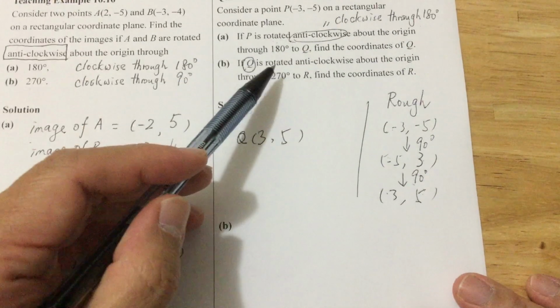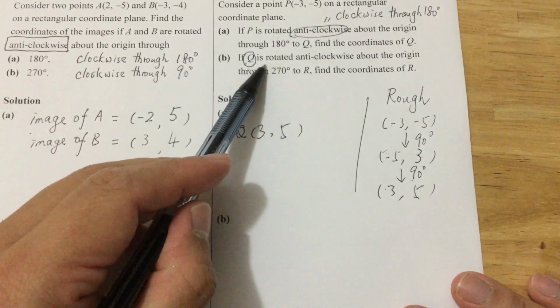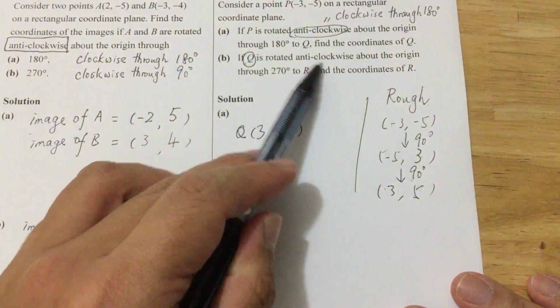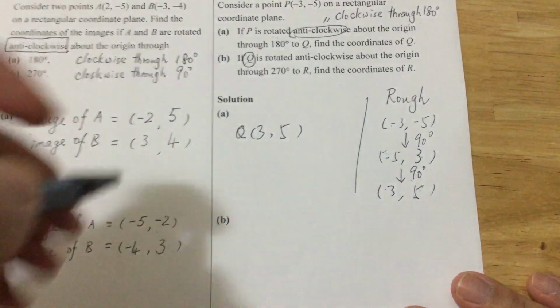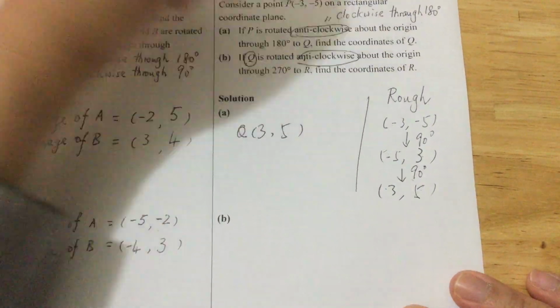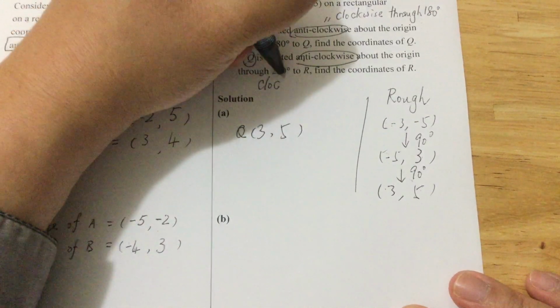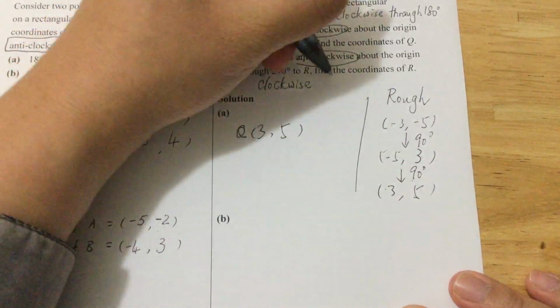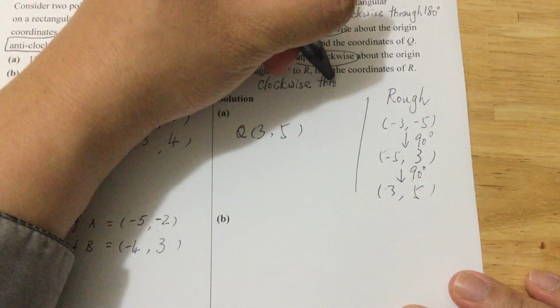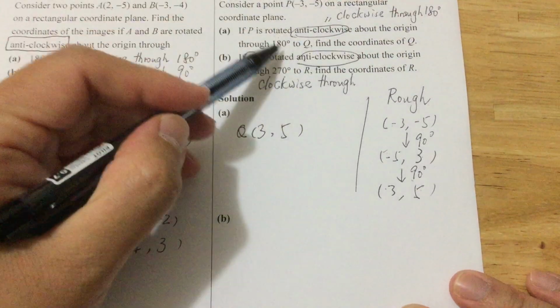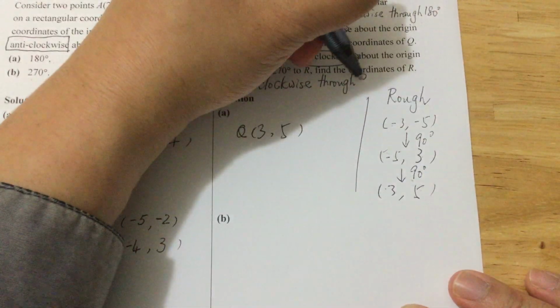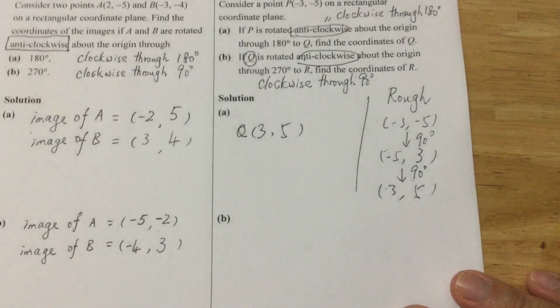Okay, now we go to part B. Q is rotated anti-clockwise about the origin through 270 degrees. That means, once again, anti-clockwise, I want to change it to clockwise. This is clockwise through 90 degrees, because 270 plus 90 degrees is 360 degrees.